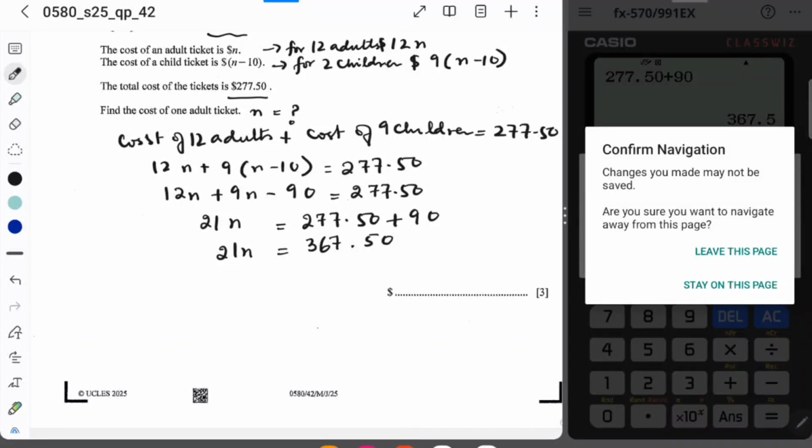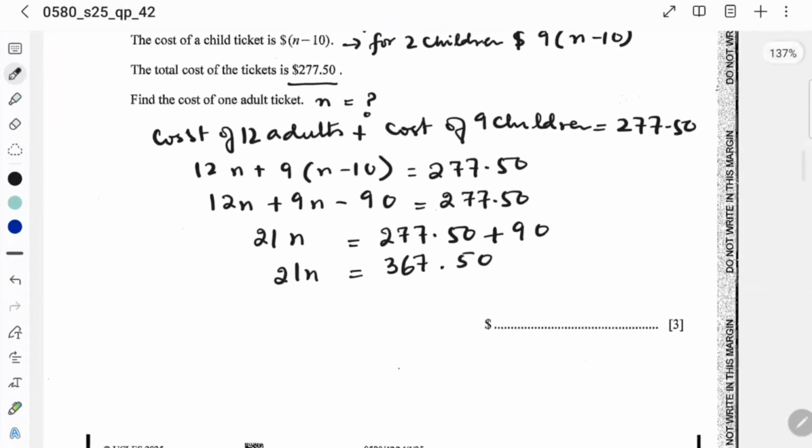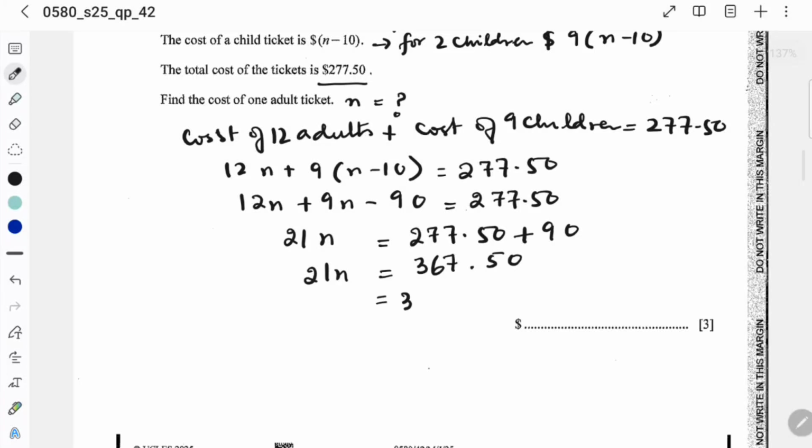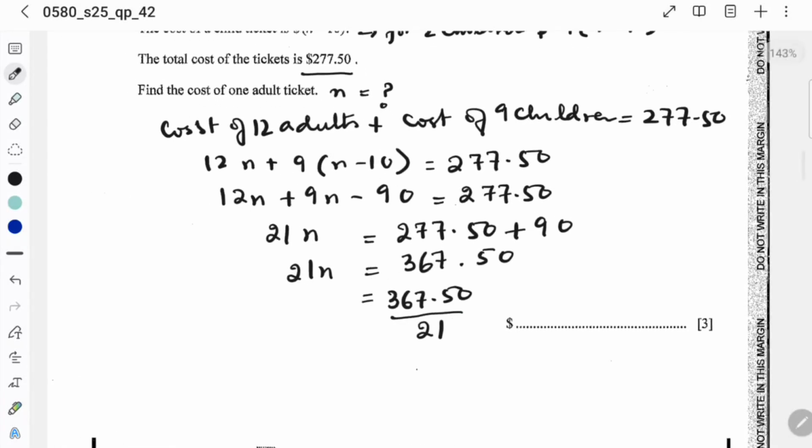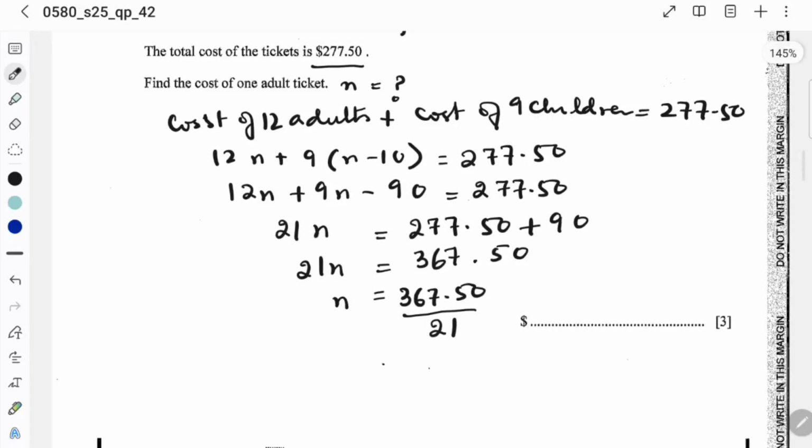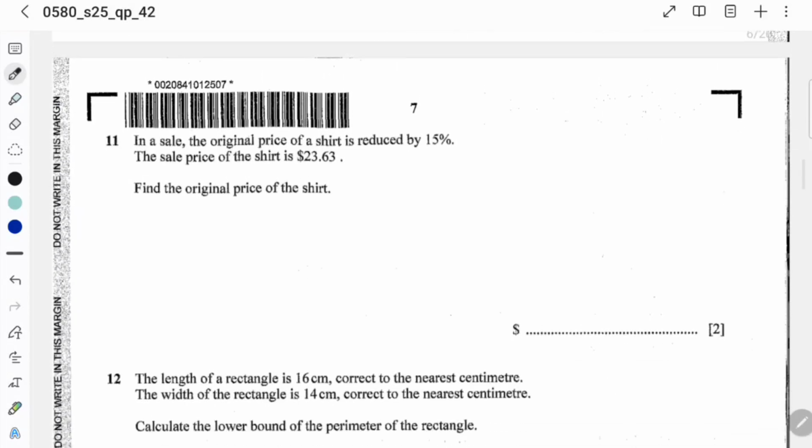So that is equals to 367.50 divided by 21, that is equals to 17.50. I have found it, so that is $17.50. Now go to the next question.